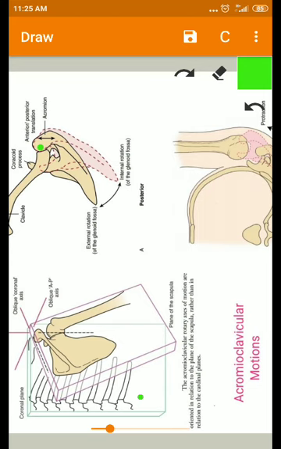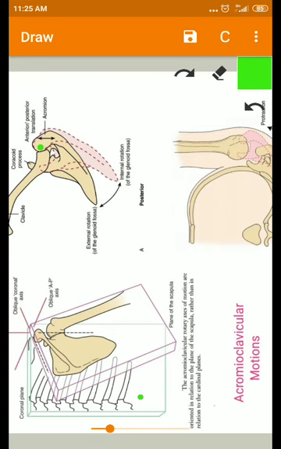And whenever all these things happen, what is happening to the range of motion? The range of motion at the acromioclavicular joint is normally difficult to measure, but at the glenohumeral joint the range of motion is increased.